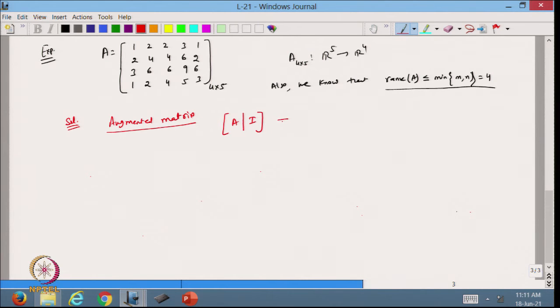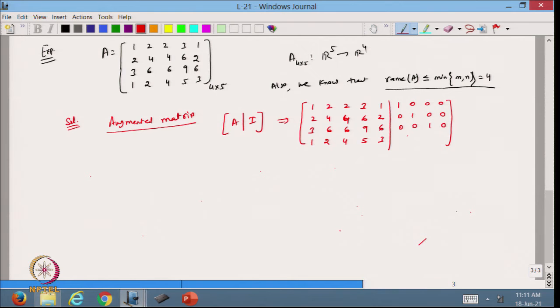So from here this can be written as 1 2 2 3 1, 2 4 4 6 2, 3 6 6 9 6, 1 2 4 5 3, and now it has 4 rows, so I will write the corresponding identity matrix of order 4.